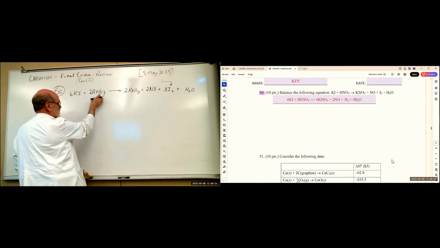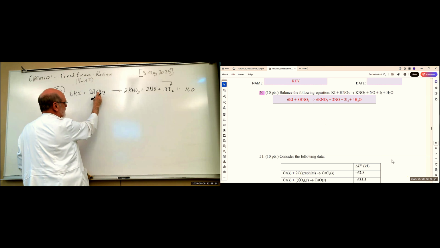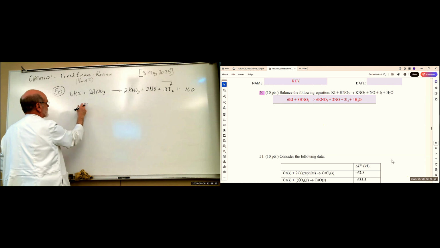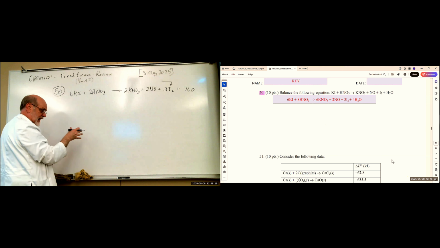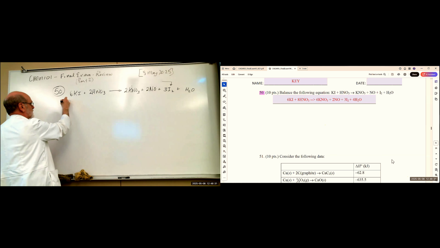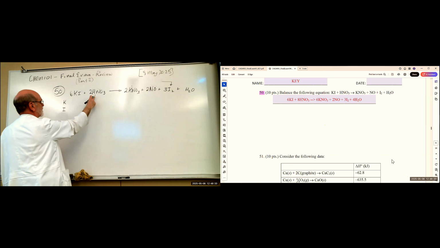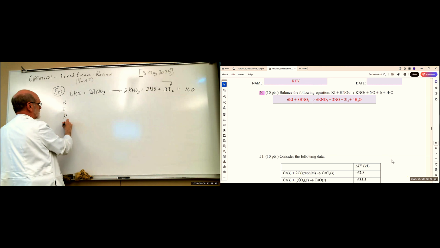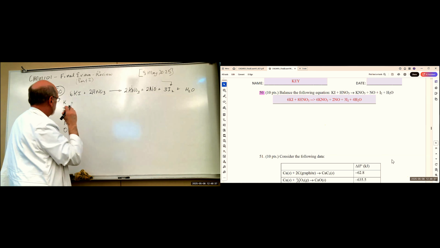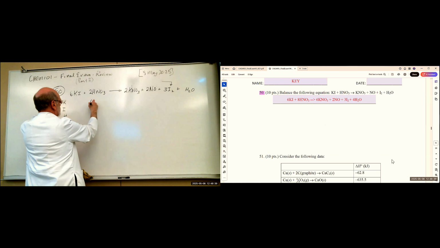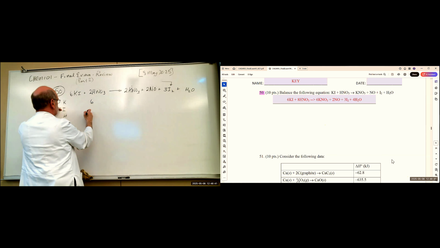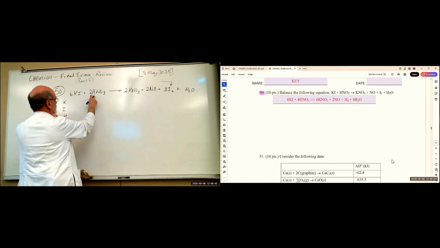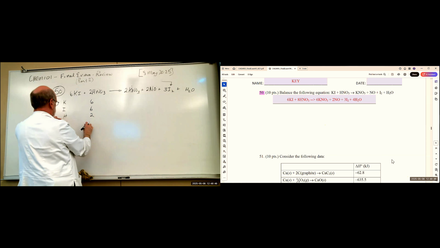So since nitrogen splits out of this one into 2 different places, we have to account for every element. So potassium, iodine, hydrogen, nitrogen, and oxygen. Now we got 6 potassium here. We got 6 iodine, got 2 hydrogens.